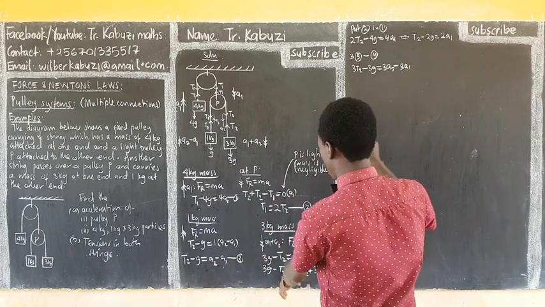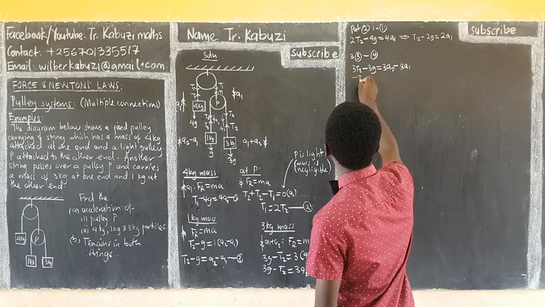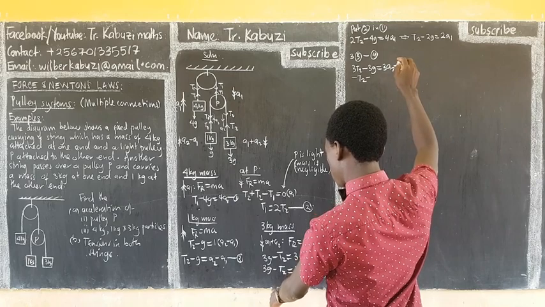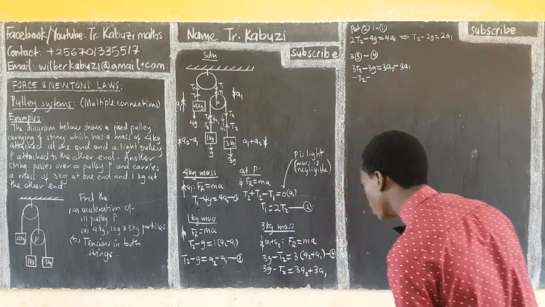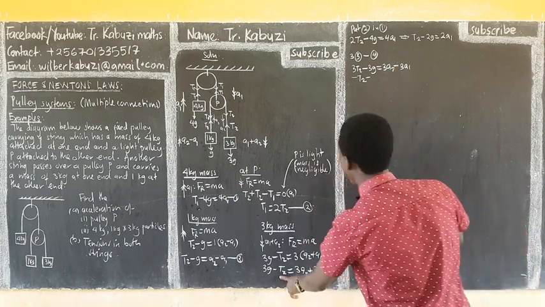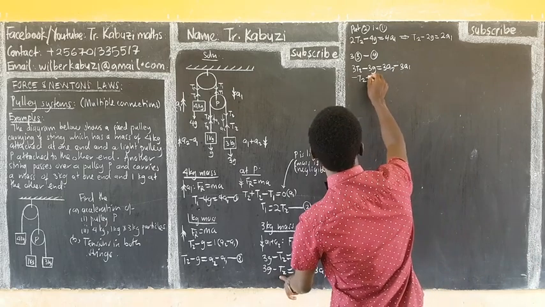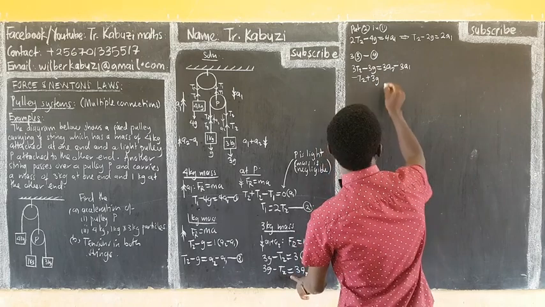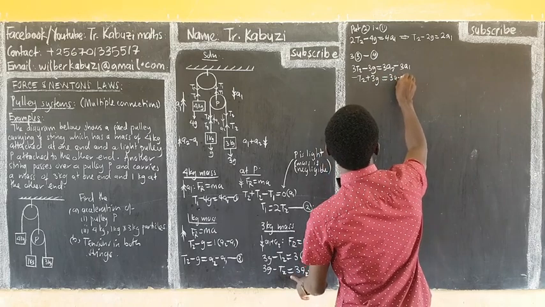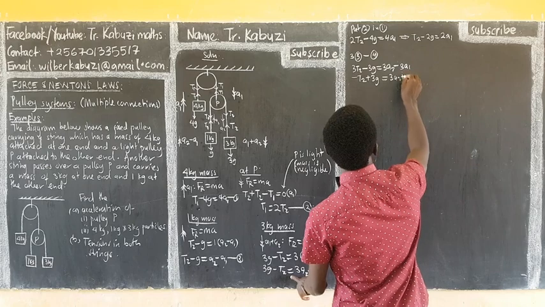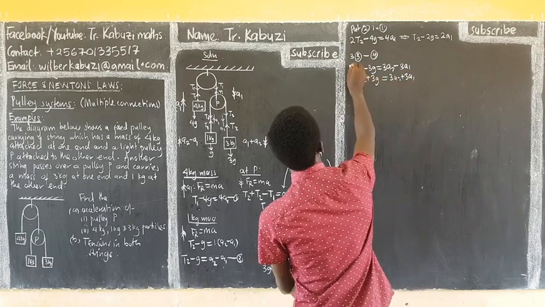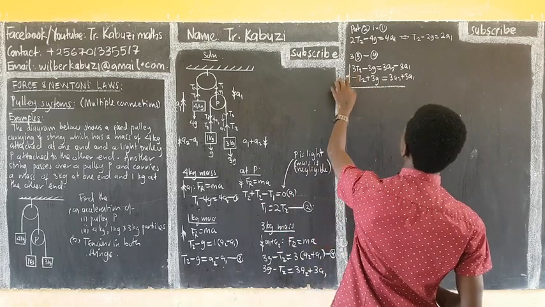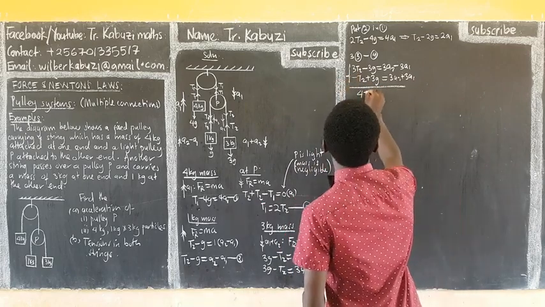We are going to subtract this equation, which starts with negative T2, plus 3g, equaling 3A2 plus 3A1. We subtract this minus this, we get 2T2.